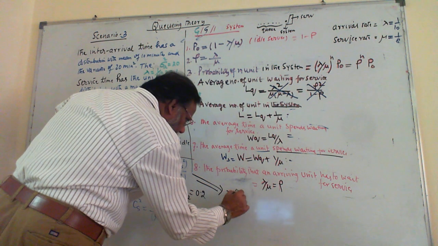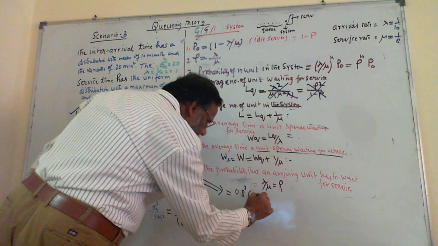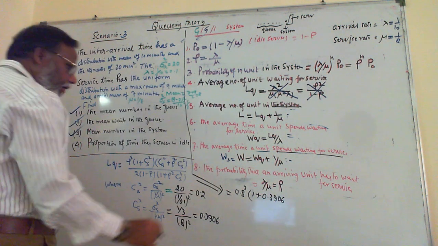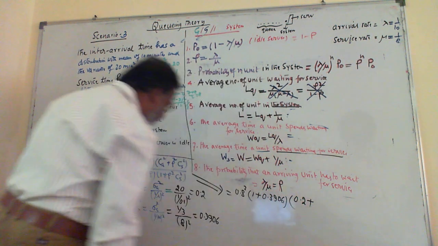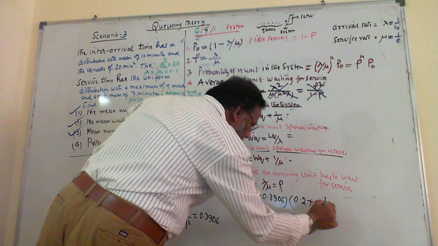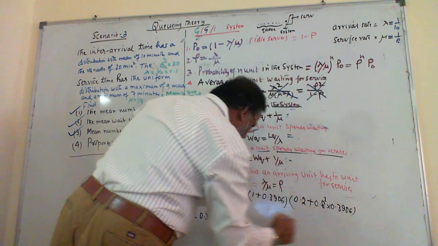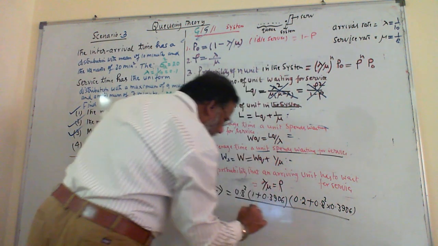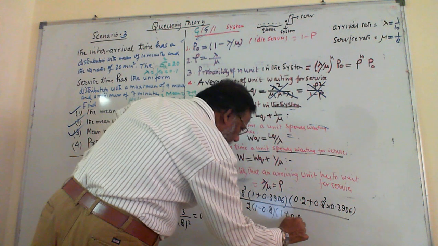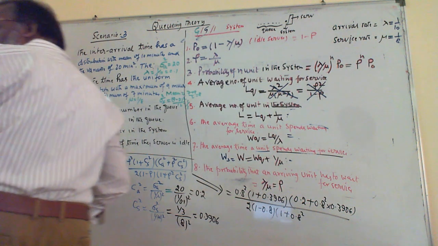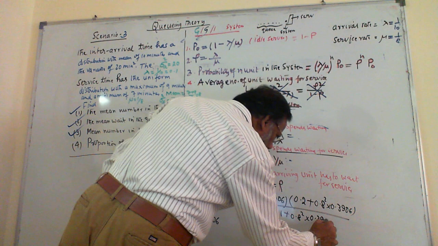Once you have these, your LQ can easily be calculated. Rho is 0.8 squared, 1 plus CS squared, which is 0.3906, multiplied by opening bracket CA squared, which is 0.2, plus rho squared, which is 0.8 squared, times CS squared, which is 0.3906, all of them divided by 2 times 1 minus 0.8 into 1 plus 0.8 squared, 0.8 squared into CS squared, which is 0.3906.